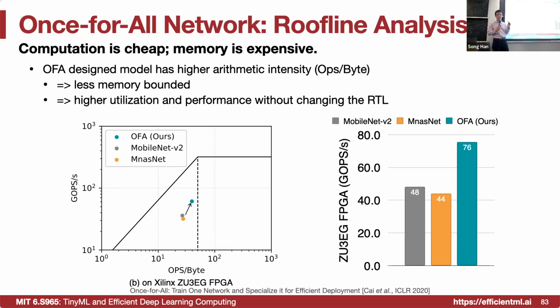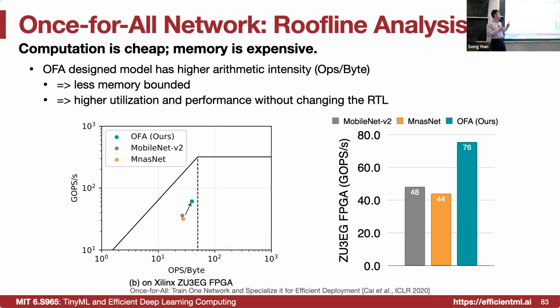As we mentioned in this class, memory is very expensive, but computation is cheap, right? So you want to fetch 1 byte of data but do as much computation on top of it as possible. Ideally, we can improve the efficiency usually by increasing the operations per byte of our application.